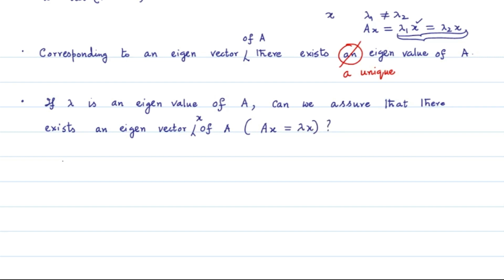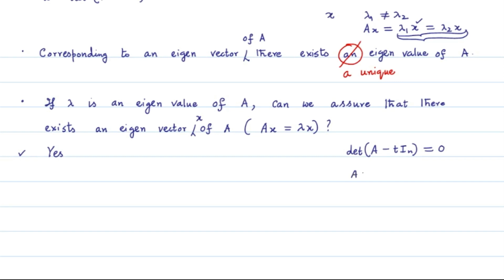The answer to this question is trivially affirmative. Yes, we can assure it due to the simple inspection that as lambda is an eigenvalue of the matrix capital A, then obviously lambda is a solution to this equation.